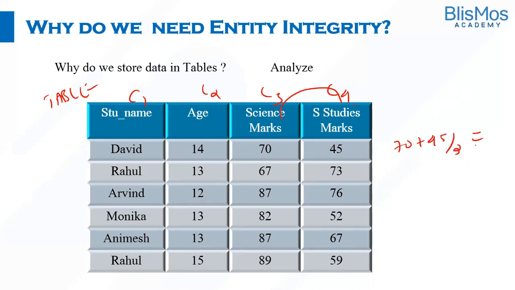Are you noticing something here? We have two Rahuls. One Rahul has scored 67 in science, 73 in social studies, and we have another Rahul. So what did we say? We wanted to analyze from this particular data, right? Then there is an issue here. That is where the primary key comes into the picture, which is enforced by entity integrity.